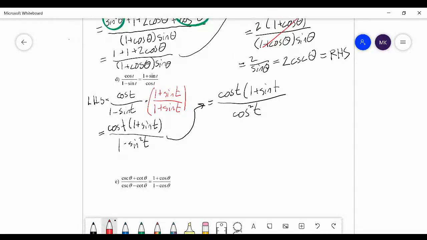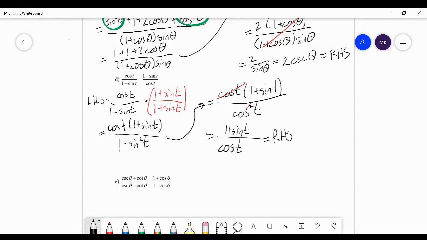Now I can cancel out. This cosine t in the numerator cancels out with one of the cosine t's in the denominator, because cosine squared t is just cosine t times cosine t. And so what I'm left with is, in the numerator, 1 plus sine t, and in the denominator, cosine t.